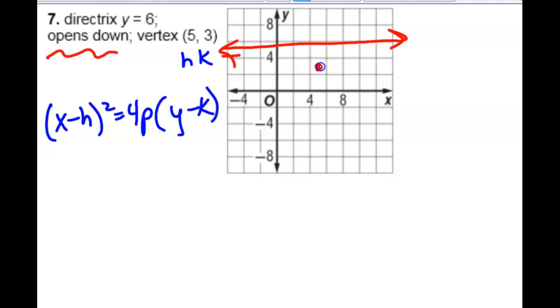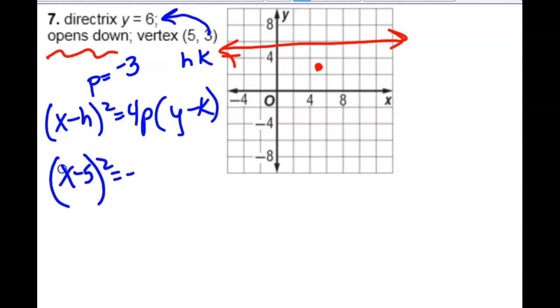Can you tell me conceptually the distance from this to this is how far? 3 units. So that means p is 3, except it opens down, so it's -3. So it would be x minus 5 squared equals -12 y minus 3, because k is 3.